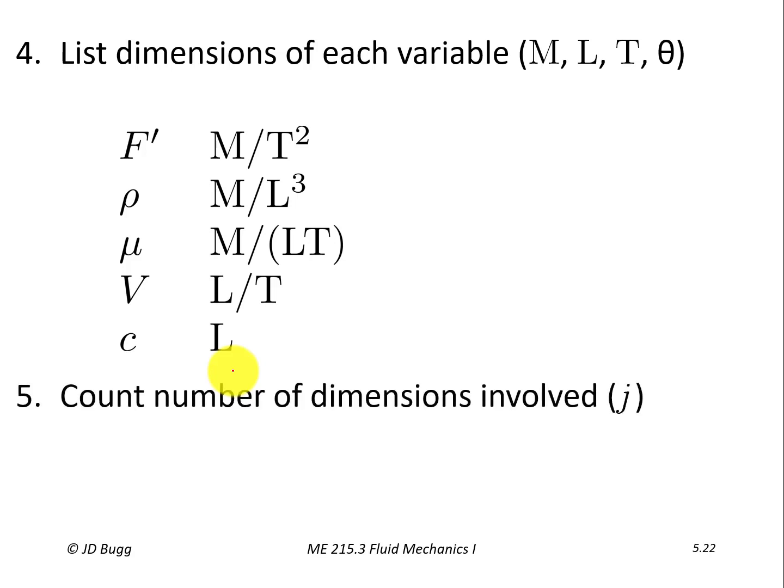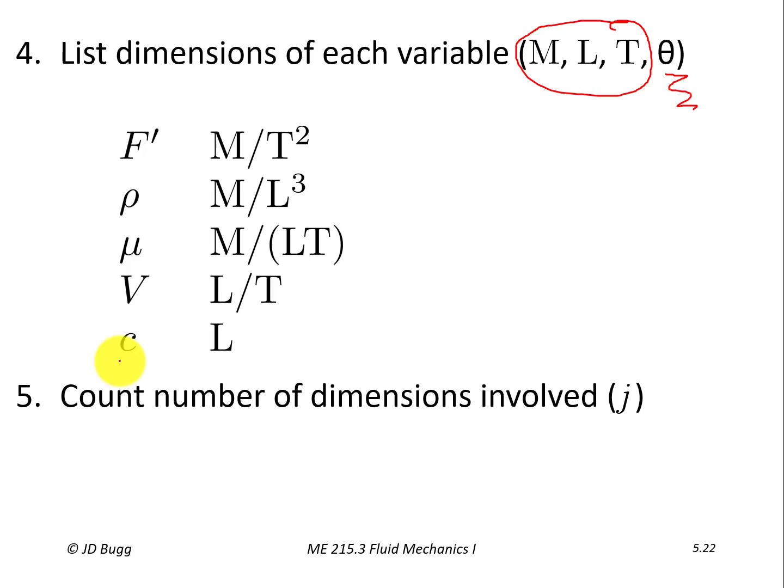So the next step, count the number of dimensions involved. So notice, although we have 4 dimensions that are possible over a wide range of problems, there are only 3 dimensions involved in this particular problem: mass, length, and time. There's no temperature. We didn't list any properties here that have temperature as part of their dimensions. Okay?